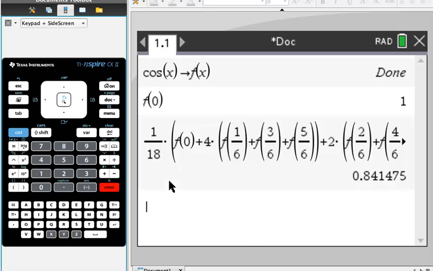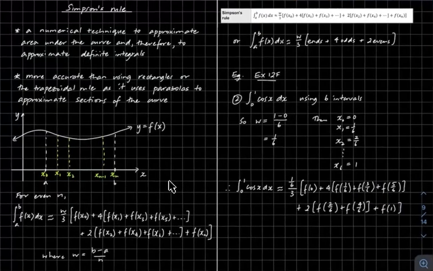So I've entered all of those, and it's giving me an approximate value of 0.841.